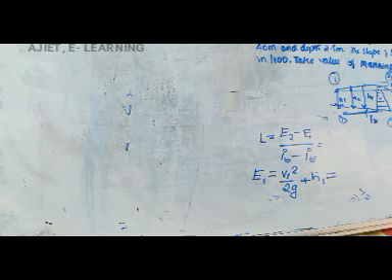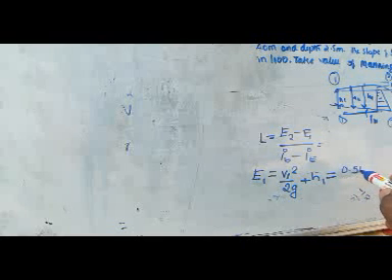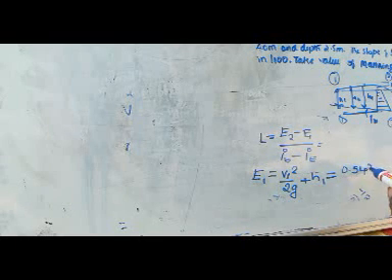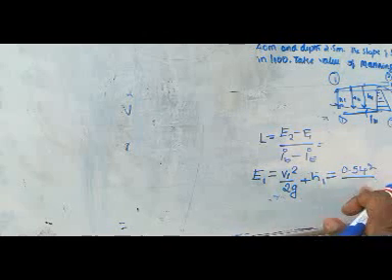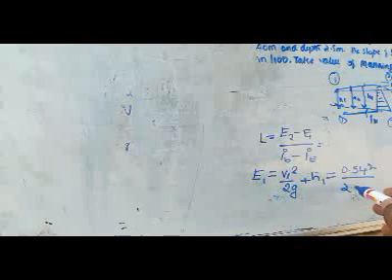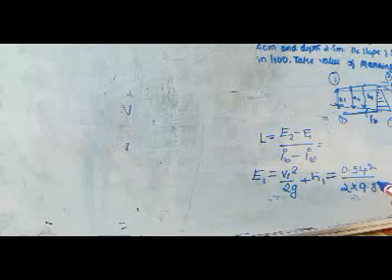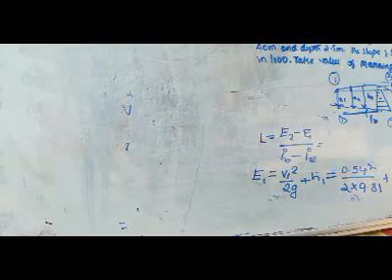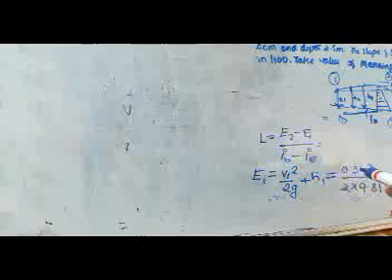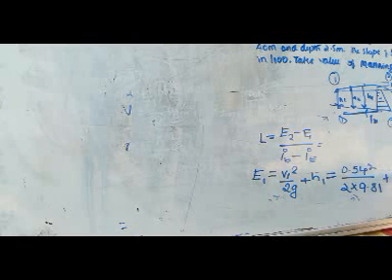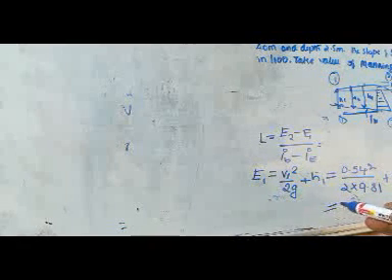So what is the value of V1? V1 we got from Manning's formula, 0.54. So 0.54 square divided by 2 into 9.81 for g, plus the H1 value, which we know is 2.5.